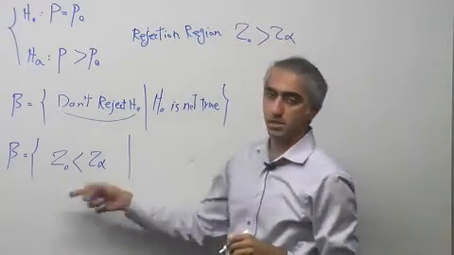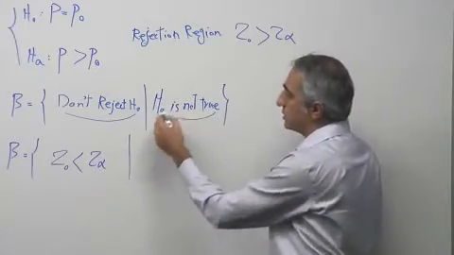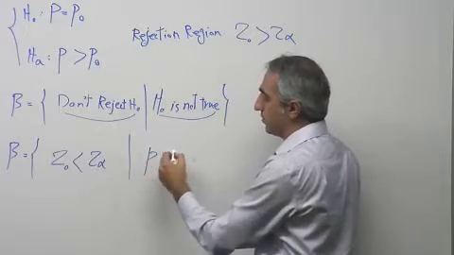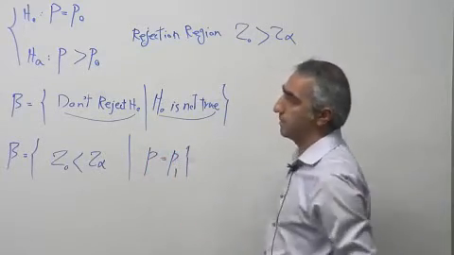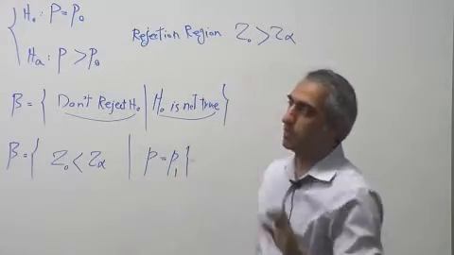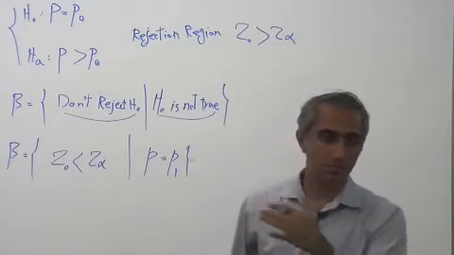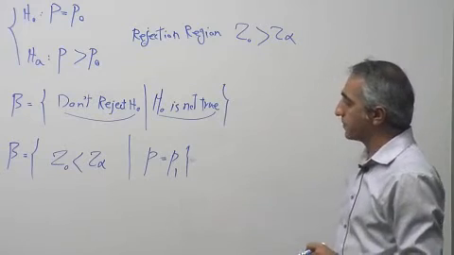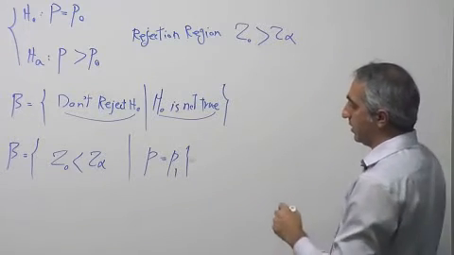So do not reject is less than. So H null is not true. P is not P0. So P is something we call P1. I think in these slides I called it P, but you can replace P with P1. So we want to calculate this beta.